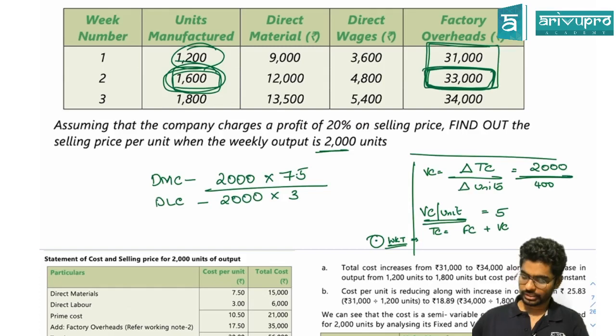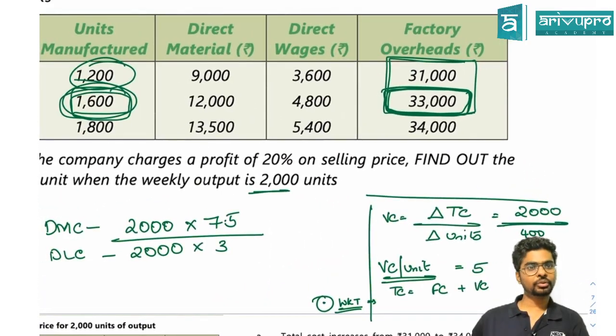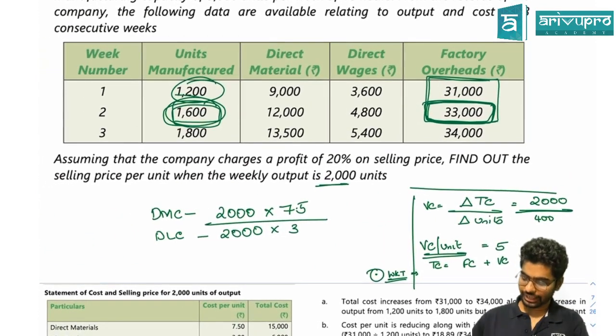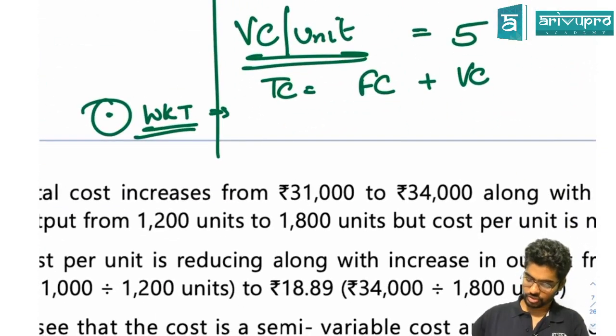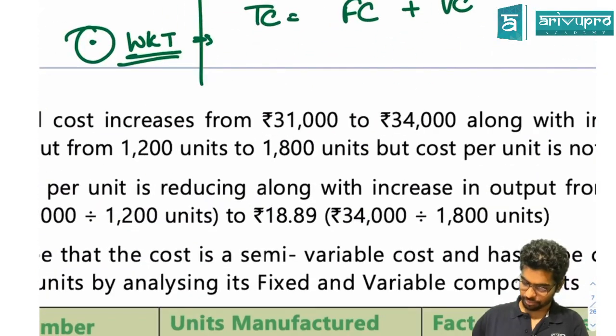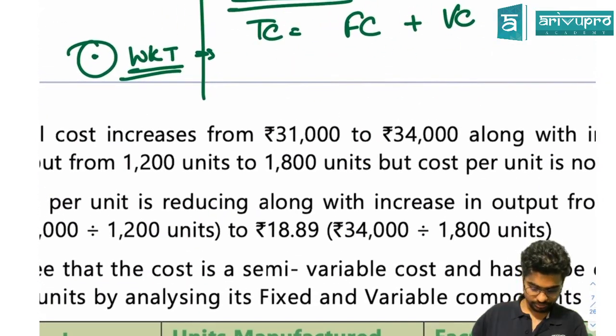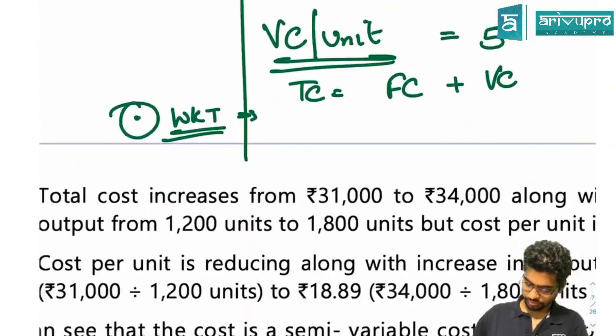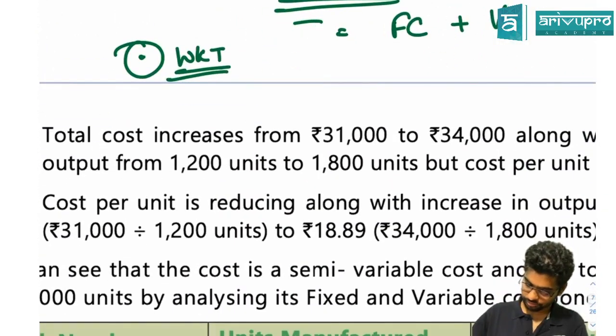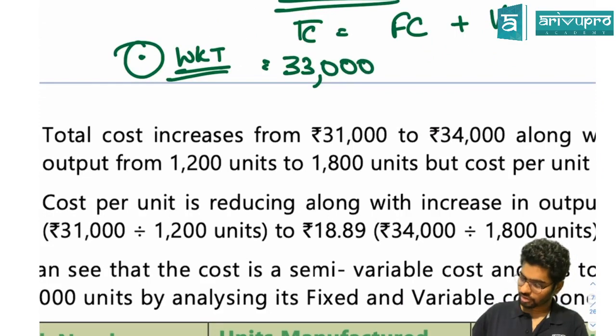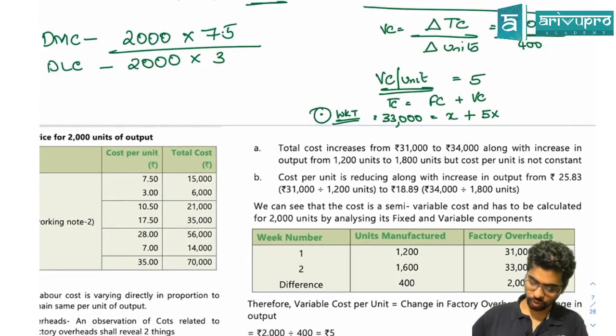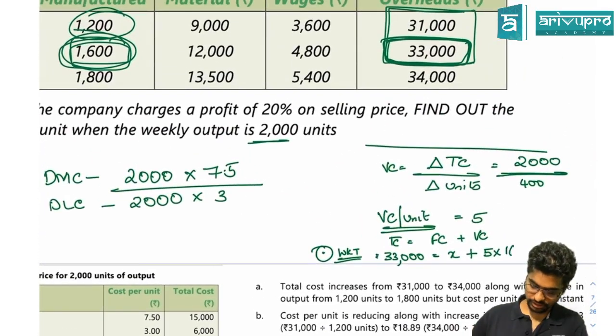See here, I will take this 1600. Now, if I try applying it in the formula, total cost is 33,000, fixed cost I don't know, X, plus variable cost is 5 per unit multiplied by total units, that is 1600.